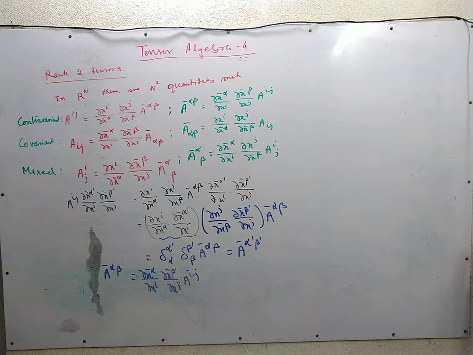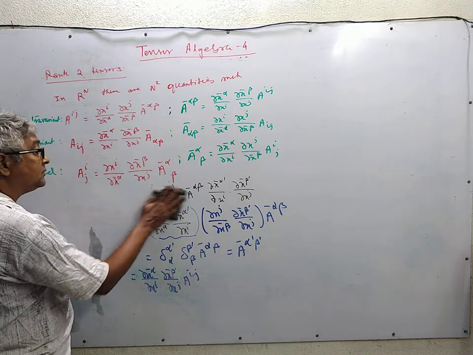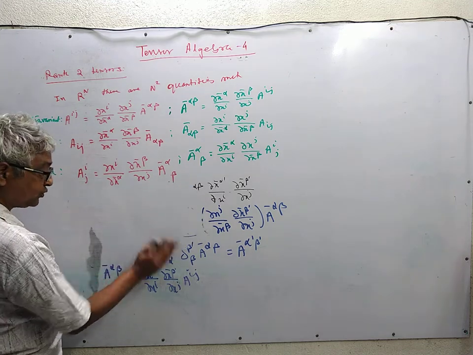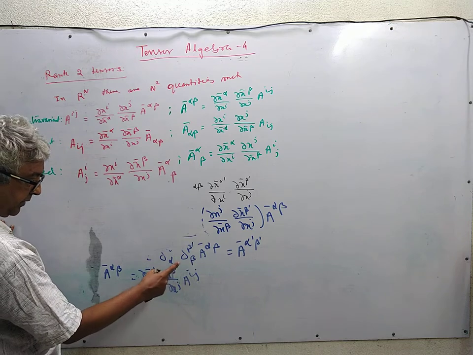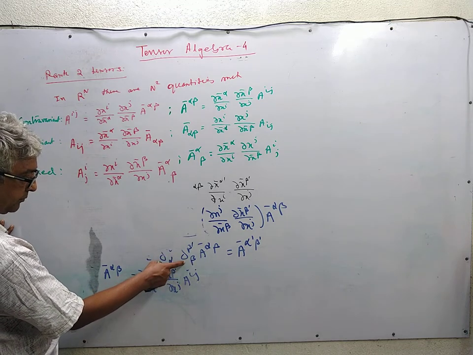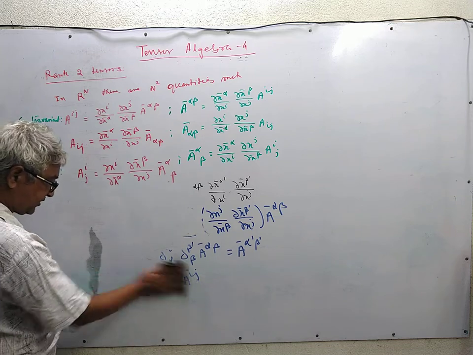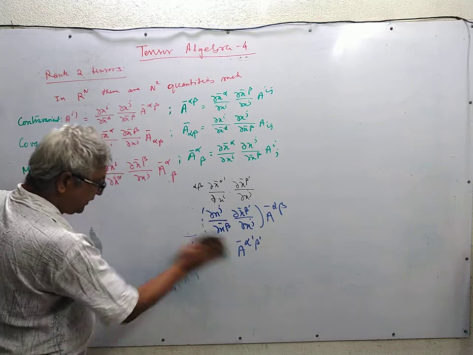Another thing I want to tell you is that the Kronecker delta that we generally used here, we have written in vector notation the Kronecker delta with one superscript and another subscript. That means it is a mixed tensor of rank 2.